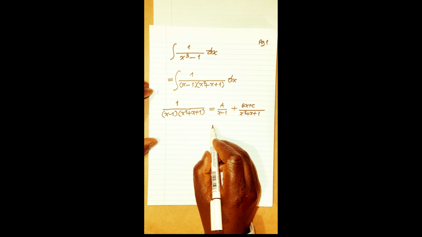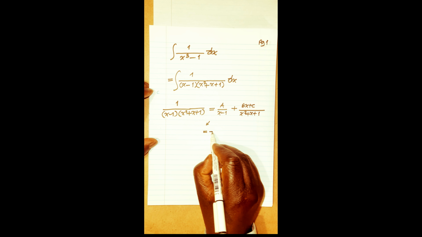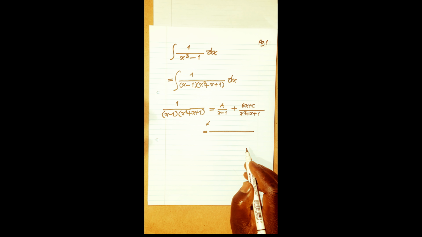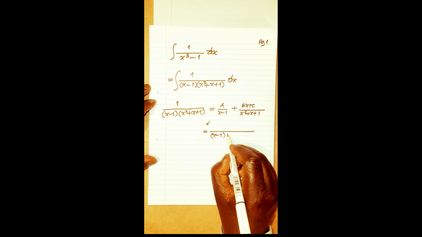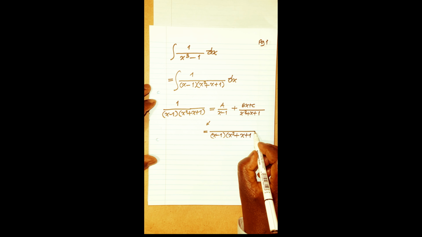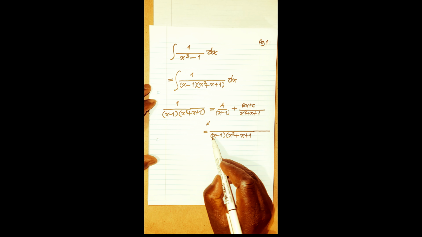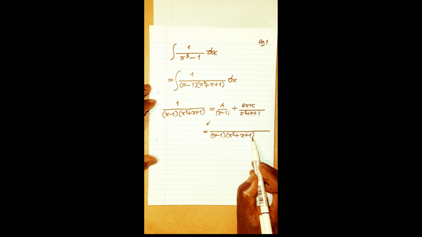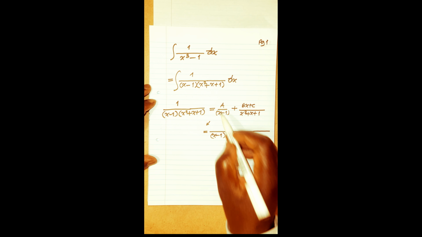We simplify the right-hand side. We are basically saying what is the LCD, the lowest common denominator of the two denominators. You just have to multiply them. So it's x minus 1, and the other bracket must contain x squared plus x plus 1. And then what do you do next? You divide this one here into that denominator. The answer is x squared plus x plus 1. So we take this, multiply by the numerator. Remember, this cancels that. You're left with this one. Has to multiply with the numerator.